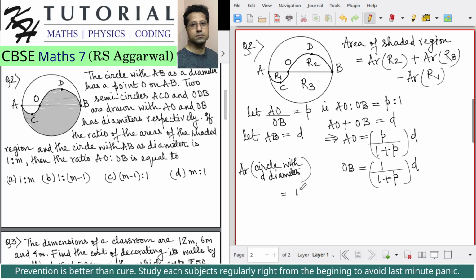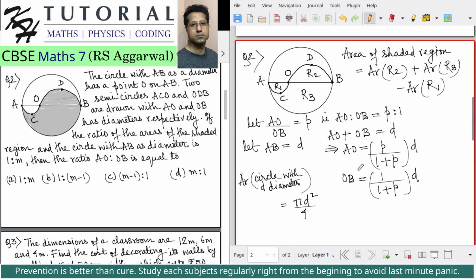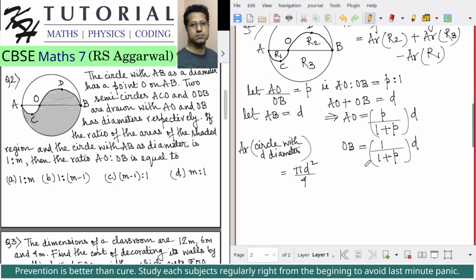It is equal to pi d square by 4. We know that the area of a circle having D as diameter is pi d square by 4. Now we will find the area of the shaded region. For that, we need to find the area of R2, R3 and R1.